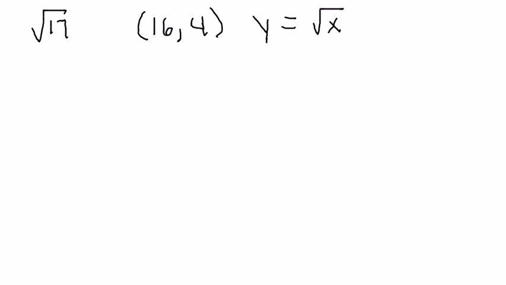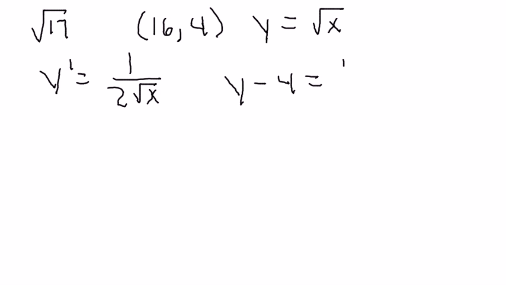You already know how to do this from before. First of all, find the derivative. y prime is 1 over 2 square root of x. If I plug in 16, I find the slope to be 1/8. So the linear approximation would be y minus 4 equals 1/8 times x minus 16. Now, if I wanted to use this line to approximate the square root of 17, I would put in 17.